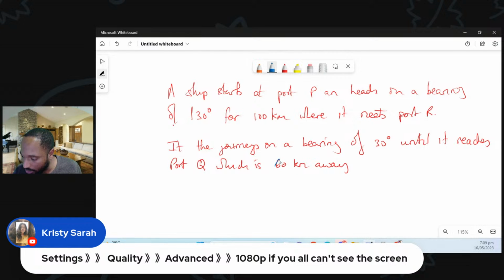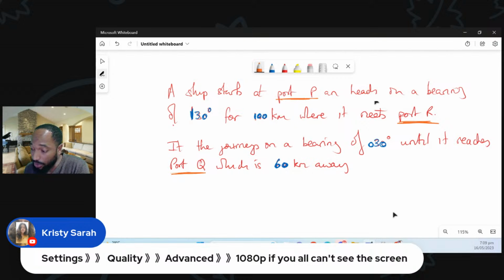So you can see it a little better: 60 kilometers, 100 kilometers, 130 degrees, and a bearing they will actually write as 030 degrees. So that's the key point. Let's underline these: port Q, port P, and port R.